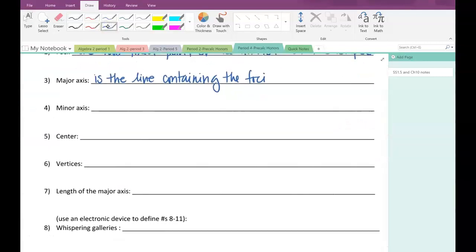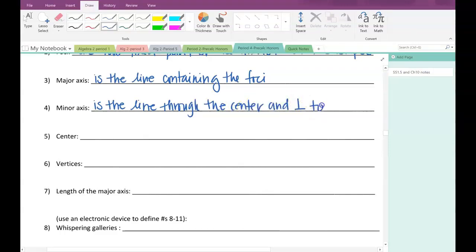Minor axis is the line through the center and it's perpendicular to the major axis. The center is the midpoint of the major axis.